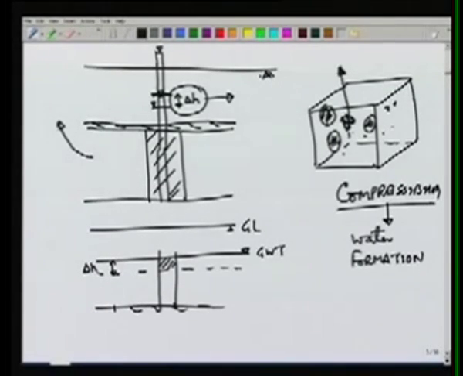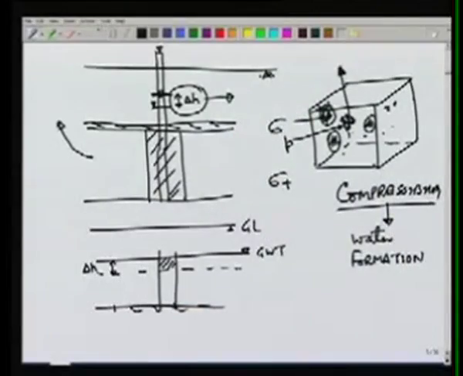The other thing which happens is because of this lowering of pressure in the water, since the total stress remains same, the overburden pressure remains same, lowering of water pressure means increase in the grain pressure. So if there is some grain pressure, let's call that sigma, which is acting on the grains, that pressure will increase if we lower the value of P. So the pressure in the water is, let's say, P. The pressure on the grains is sigma. Now sigma plus P will be the total pressure which remains constant.